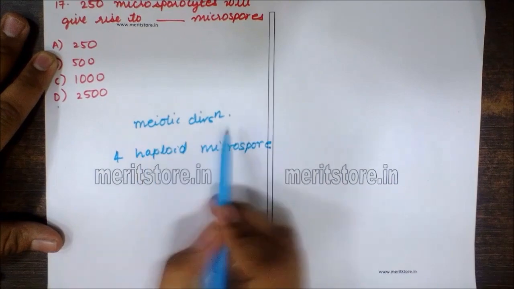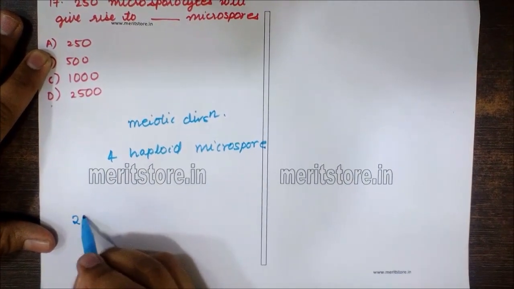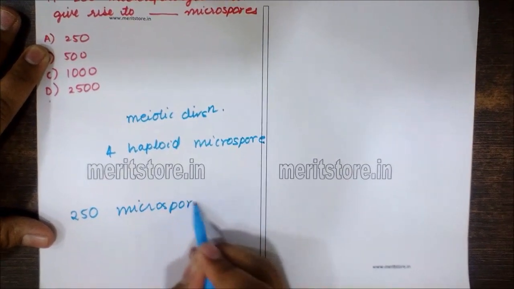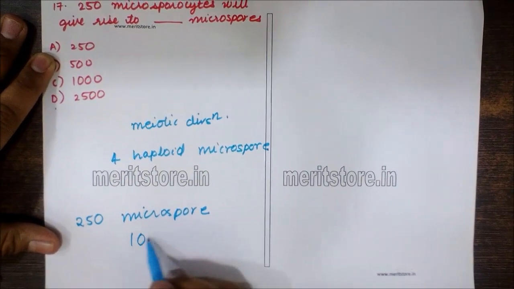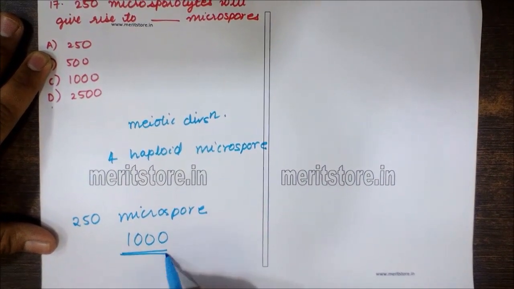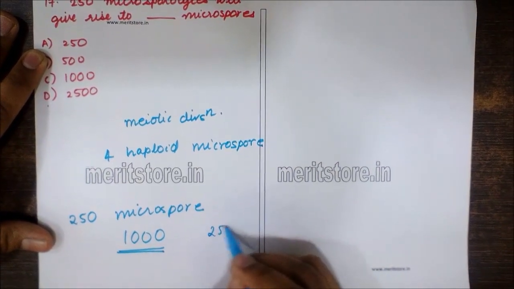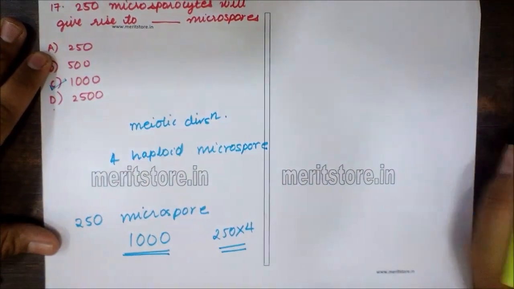So if one microsporocyte undergoes meiotic division to form 4 haploid microspores, then 250 microsporocytes will undergo meiotic division to form 1000 haploid microspores, that is 250 into 4. So the answer is option C.